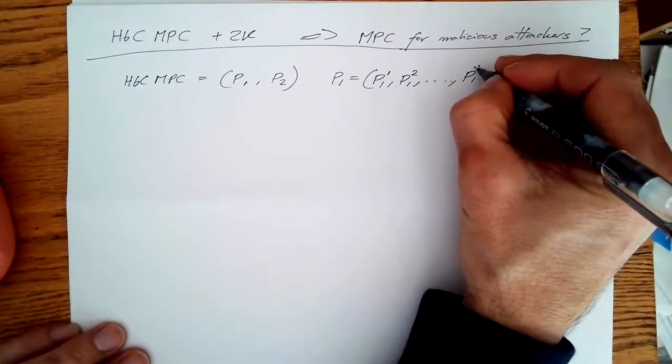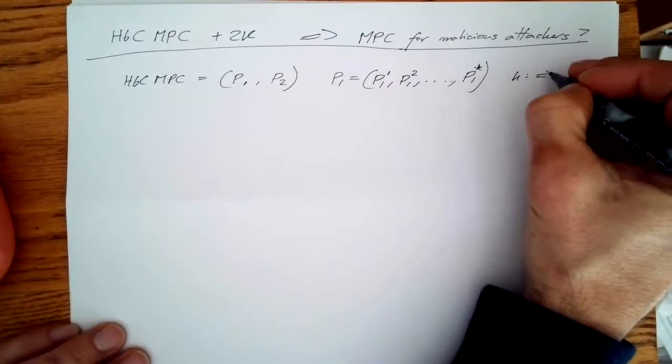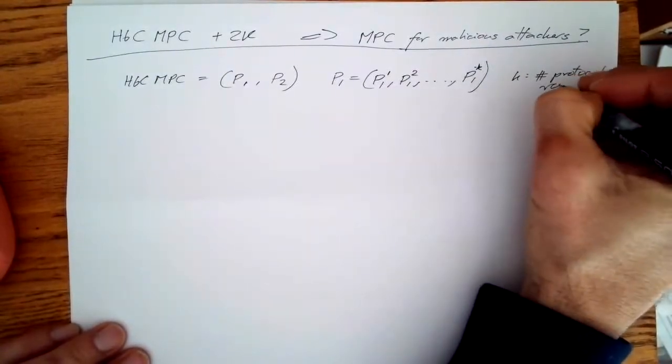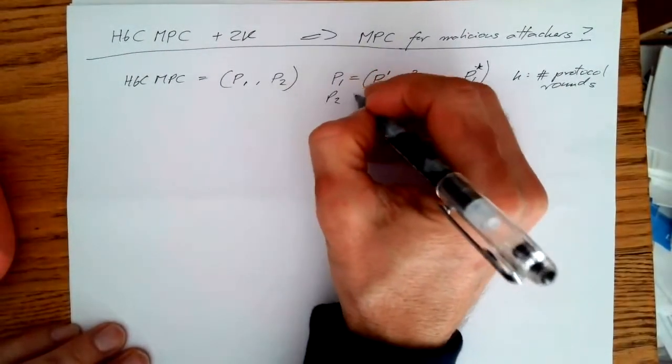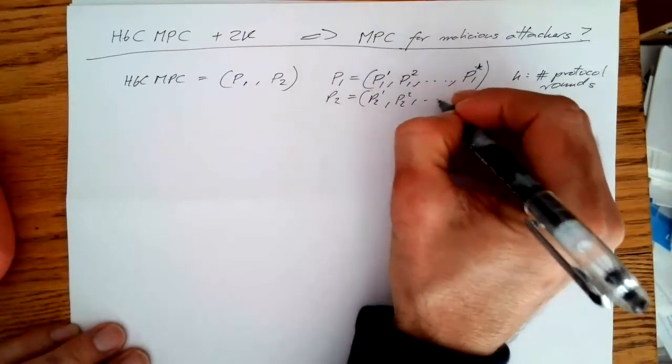Let's say there are k rounds in the protocol, and likewise P2 specifies what P2 should do in all these rounds.